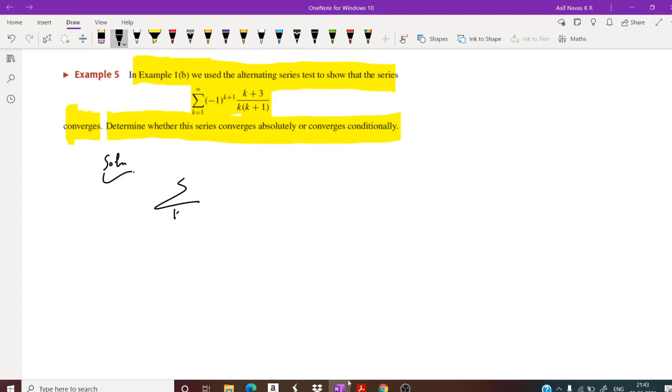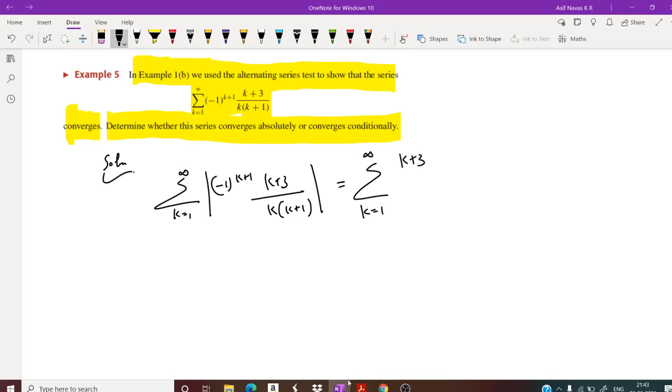Sigma k equal to 1 to infinity modulus of (minus 1) power k plus 1 into k plus 3 divided by k into k plus 1. This series is actually equal to sigma k equal to 1 to infinity k plus 3 divided by k into k plus 1.